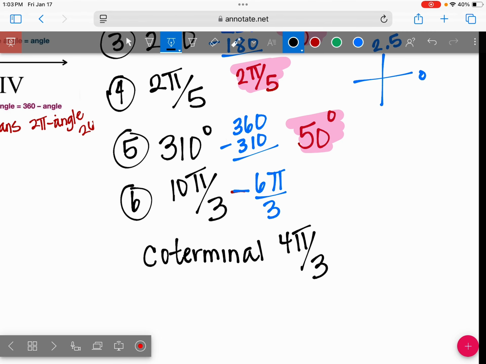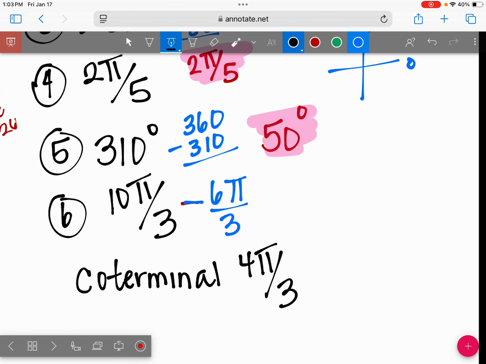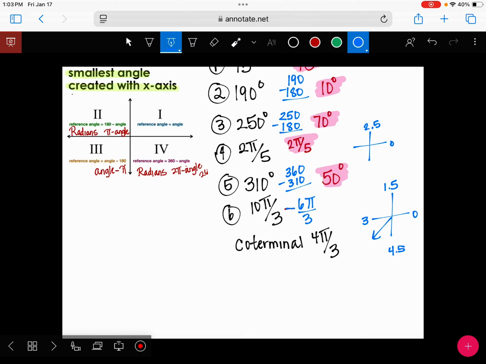So when you're in quadrant 3, if you're using the trick 0, 1.5, 3, 4.5, we're in quadrant 3 somewhere. And what does the formula say to do when you're in quadrant 3? Angle minus 180.